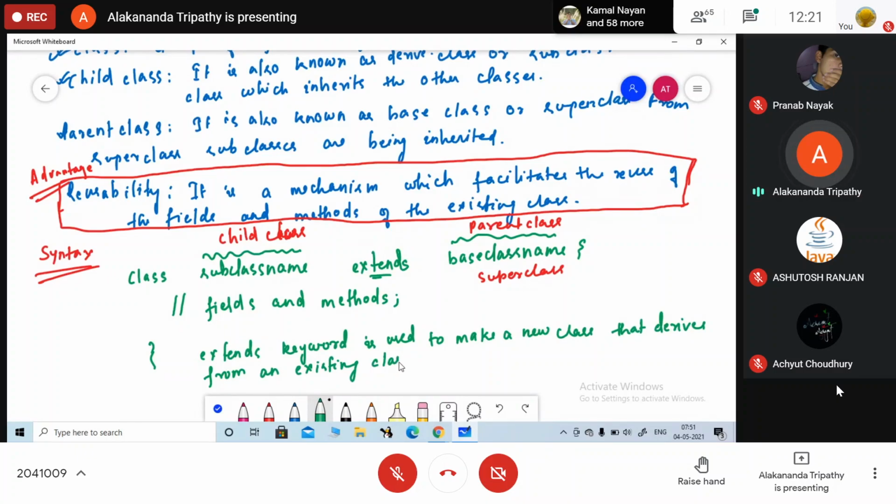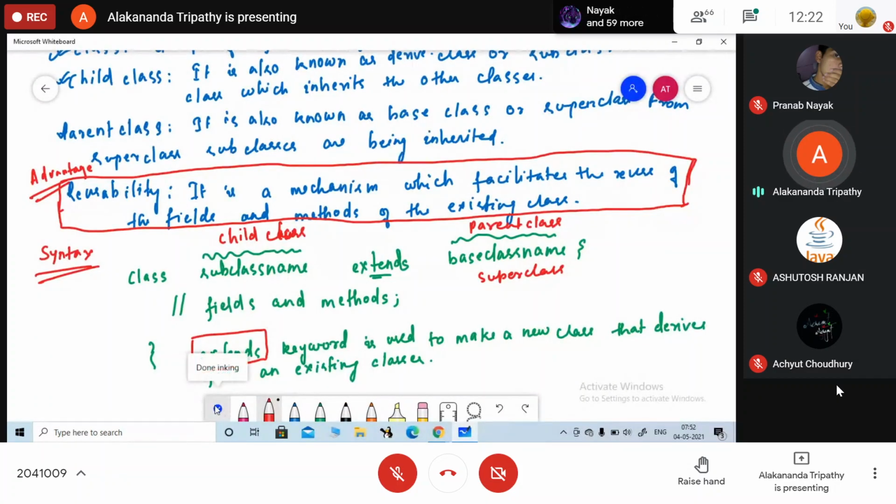Now we will check the types of inheritance and examples of each type. Extends is a keyword. It is used to make a new class that derives from an existing class.